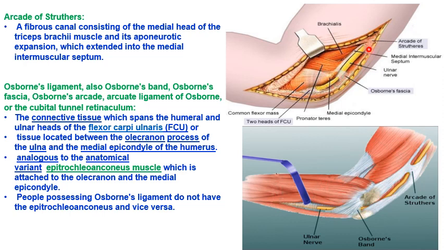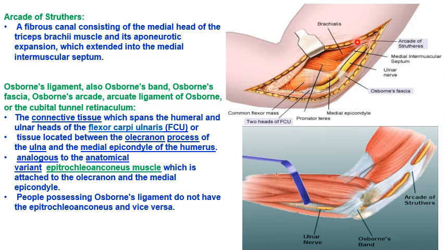There is a fibrous band connecting the medial intermuscular septum to the medial head of the triceps. This is an aponeurotic expansion, a fibrous sheath connecting these two structures: in front is the medial intermuscular septum, behind is the medial head of the triceps.